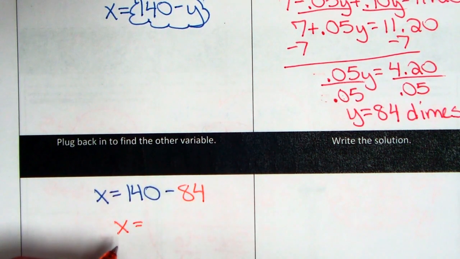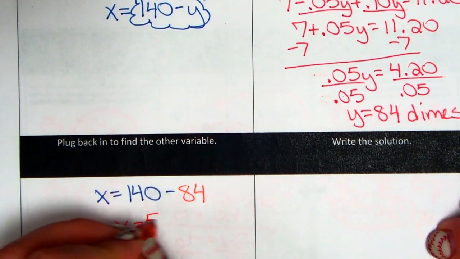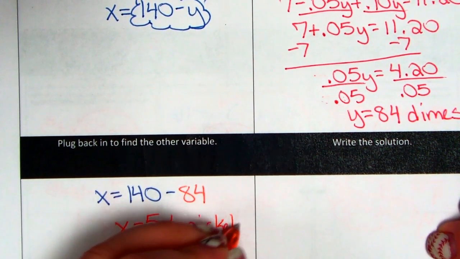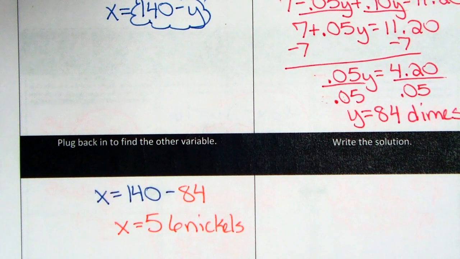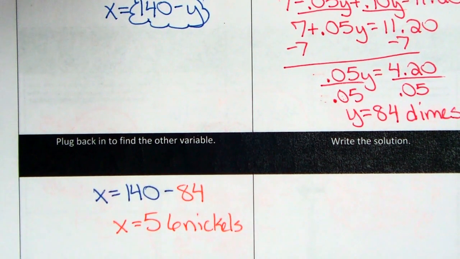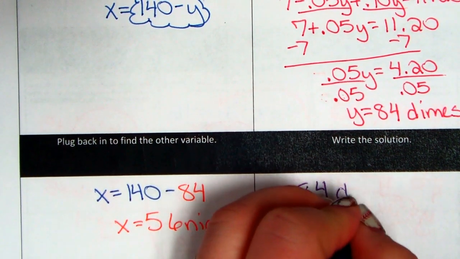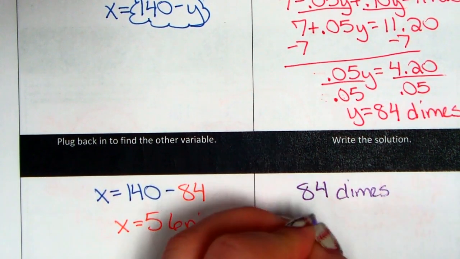So 140 minus 84 gives us 56. And that's nickels. Now this time we don't really want to write our solution as just an ordered pair because it actually means something in the context of the problem. So we'll write our solution as labeling the number of dimes and the number of nickels.